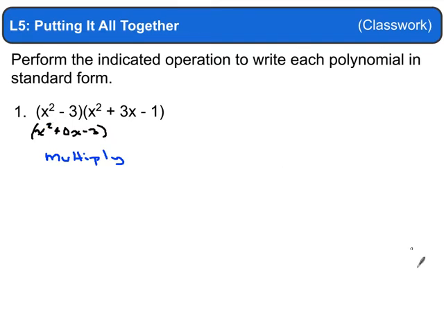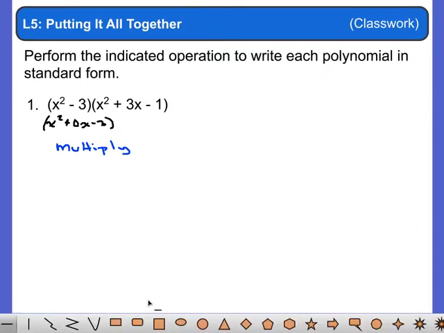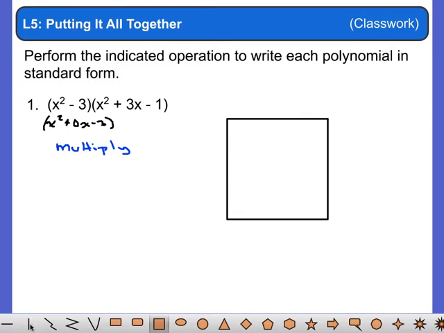So if we're going to multiply this one, it doesn't matter what method you choose. I'm going to go with the grid. Let's go with this box, that way it doesn't stand out too much.